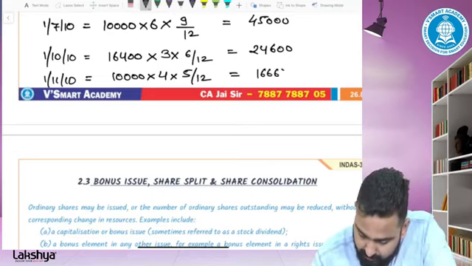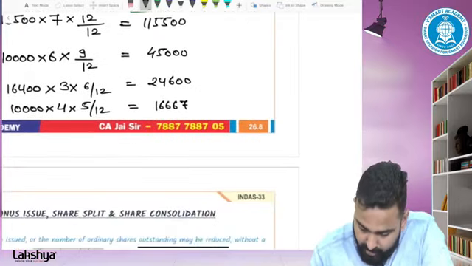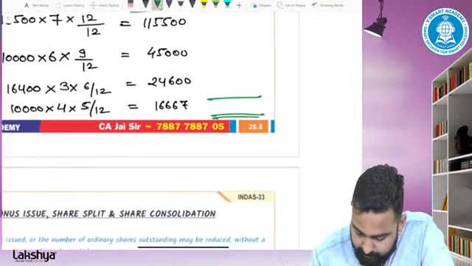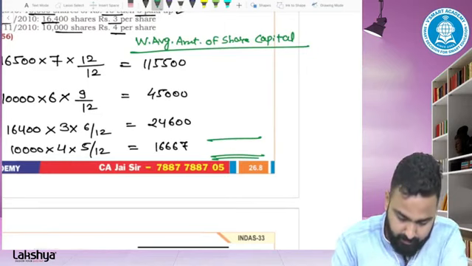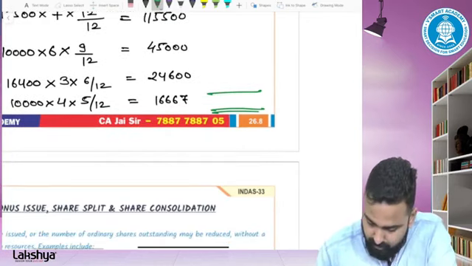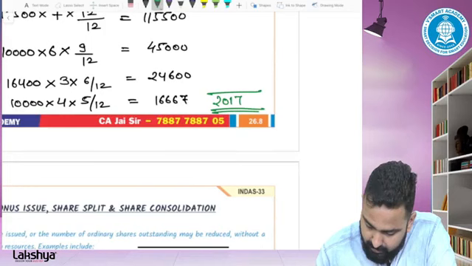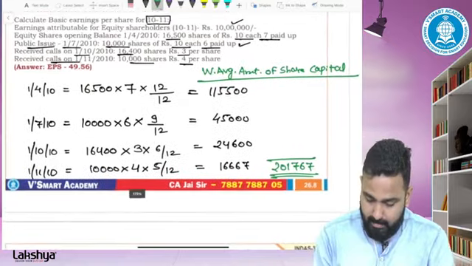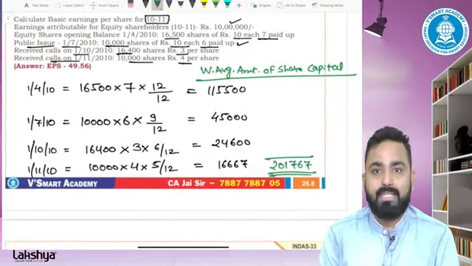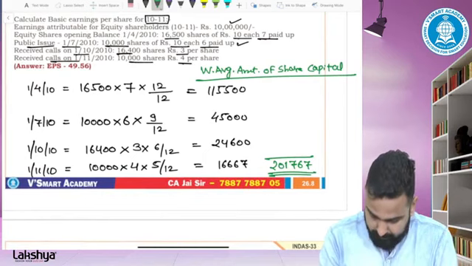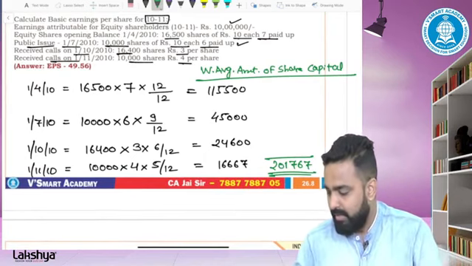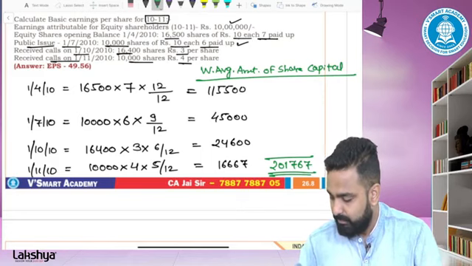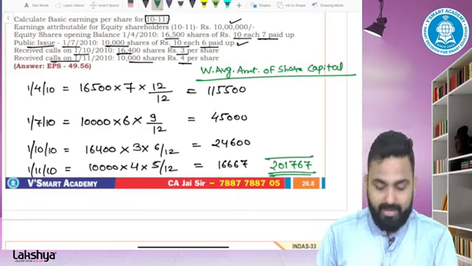It is 16,667. So the total becomes 201,767.